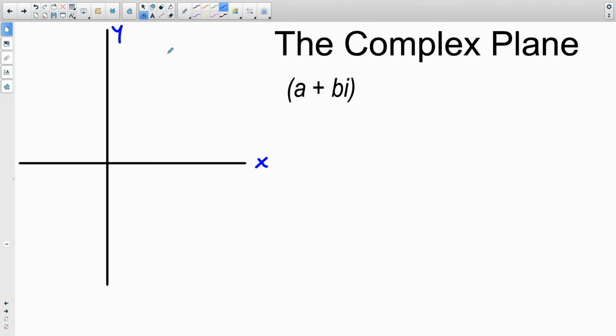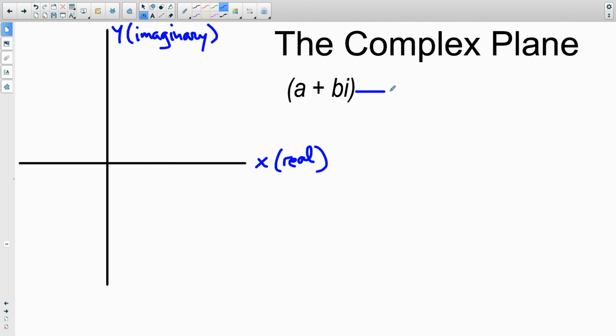And that actually helps us in this instance when we want to graph things two-dimensionally. When we graph a complex number, the x-axis is called the real axis, and the y-axis is called the imaginary axis.